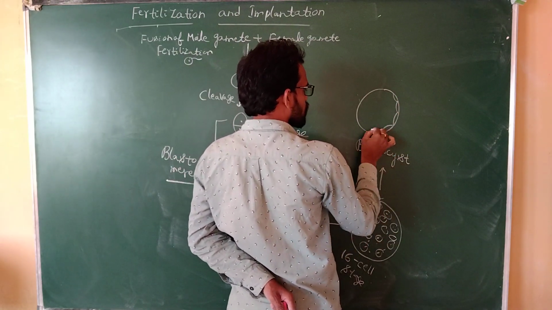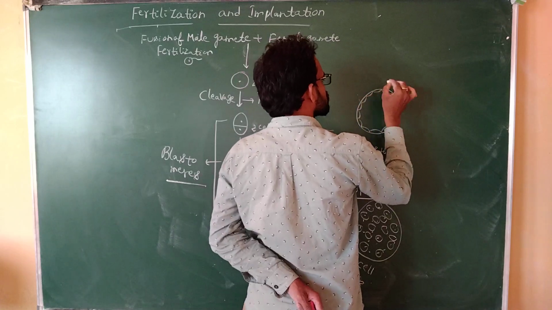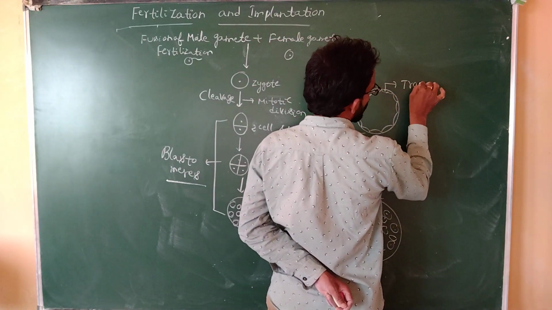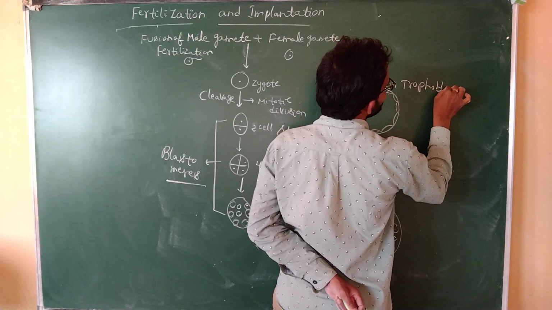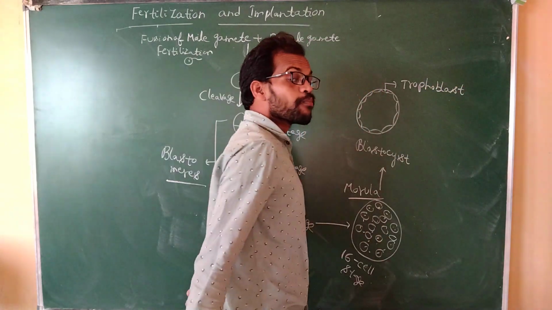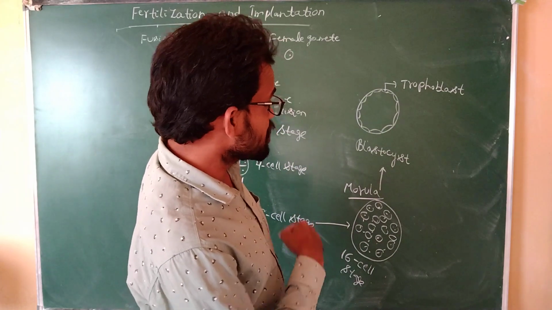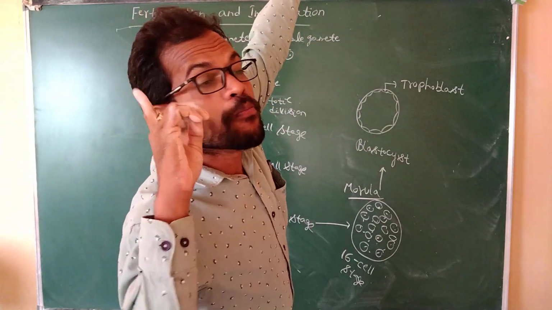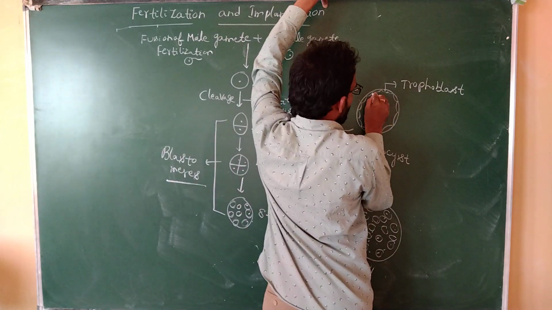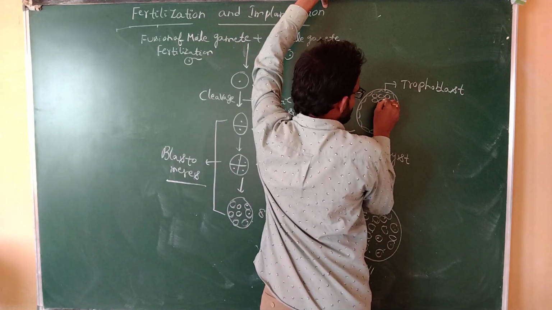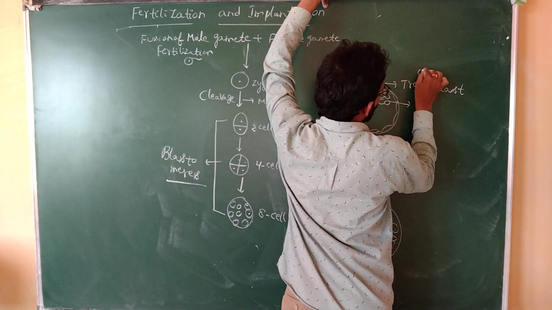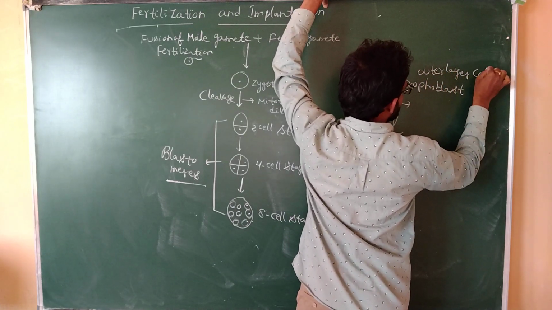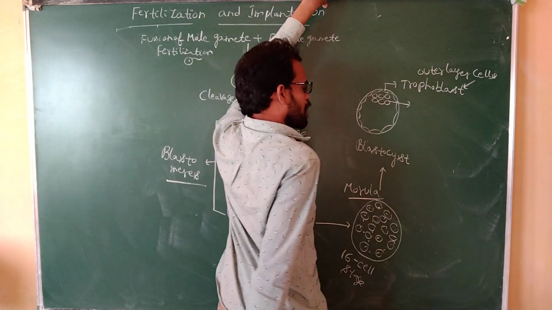In the blastocyst, the outer layer of cells is known as the trophoblast. The first outer layer of the blastocyst is the trophoblast.